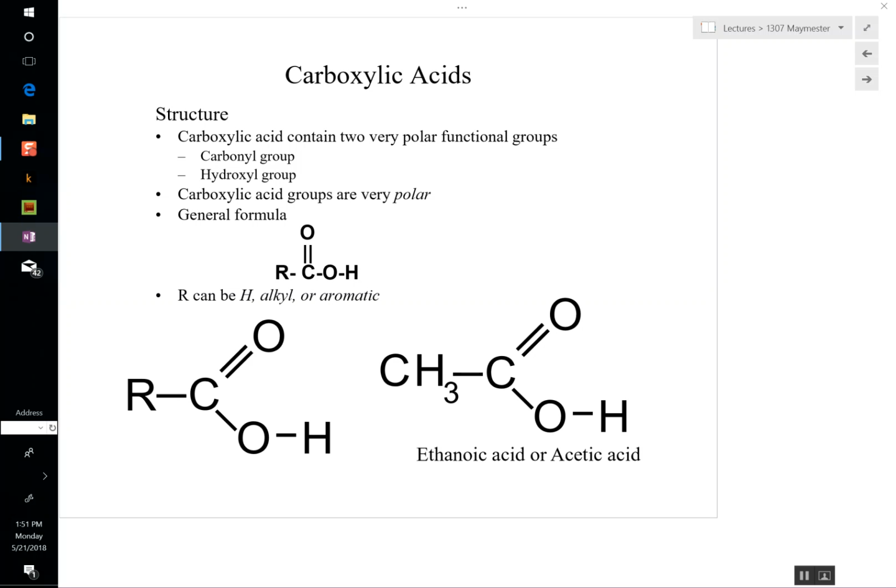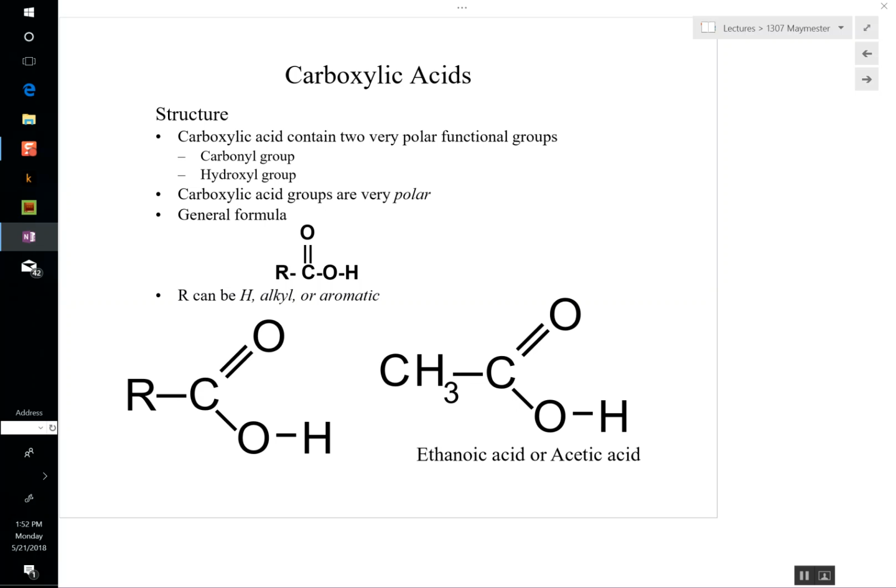Here's your carboxyl group with an R being whatever. Here's, again, acetic acid that's in vinegar. Vinegar is about 5% acetic acid, 95% water. You can buy pickling vinegar, which might be 9% or 10% acetic acid.